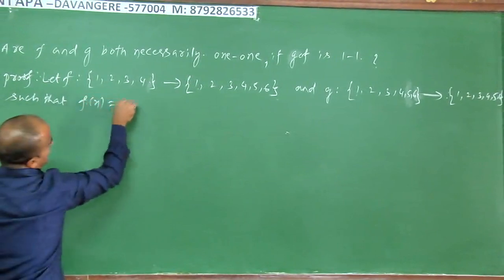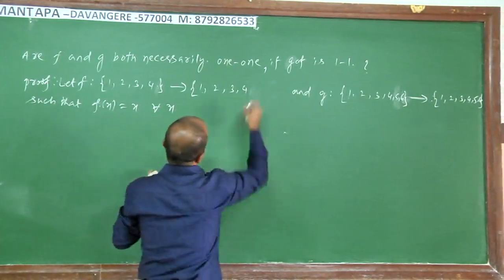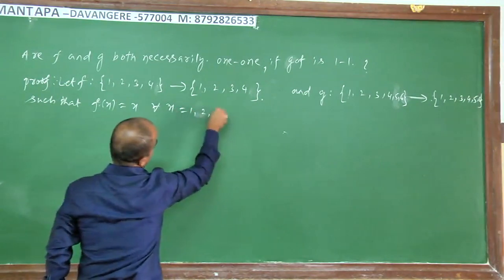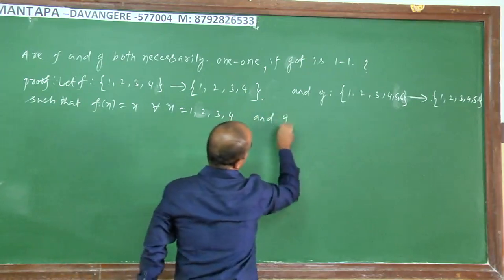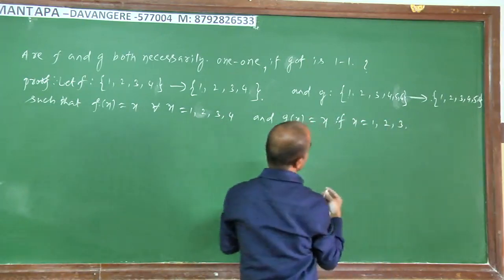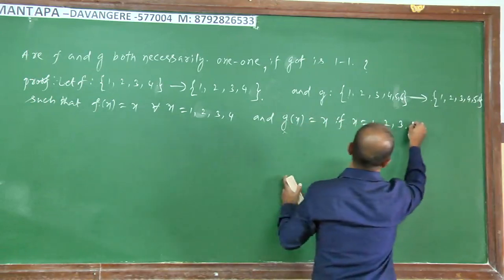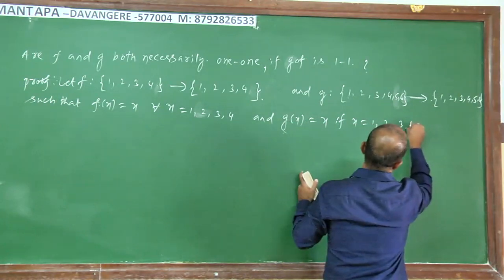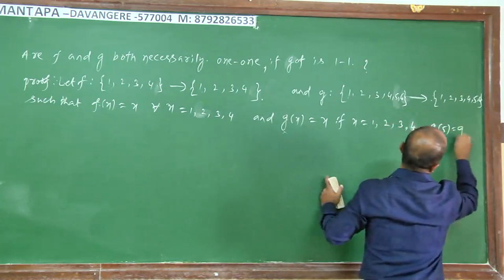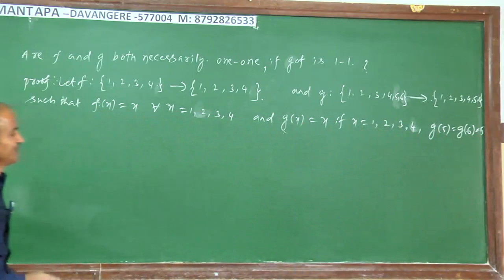f of x is equal to x for all x equal to 1, 2, 3, 4, and g of x equals x if x equals 1, 2, 3, 4, and g of 5 equals g of 6 equals 5.